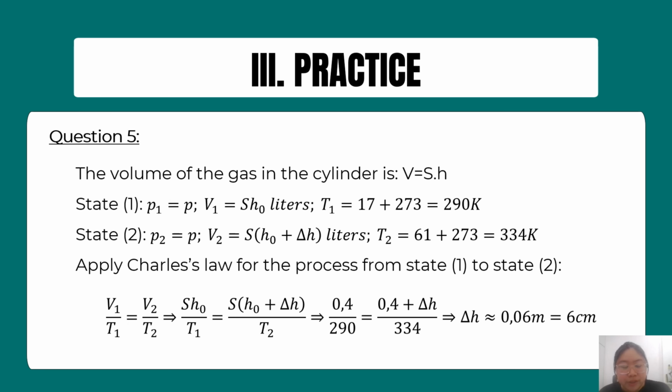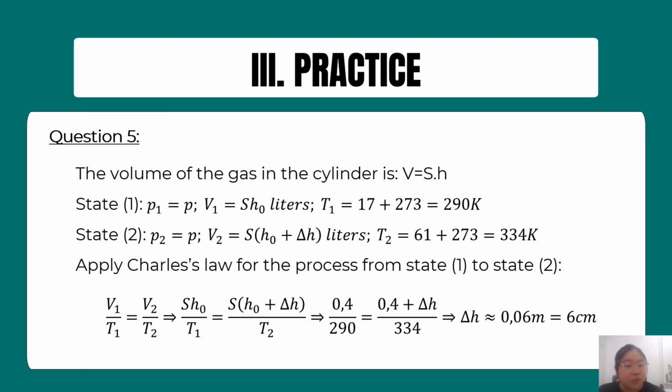Here is the solution guide of this question 5. Remember that the volume of the gas in the cylinder is V equal to S times H, where S is the cross-sectional area and H is the height or the distance.